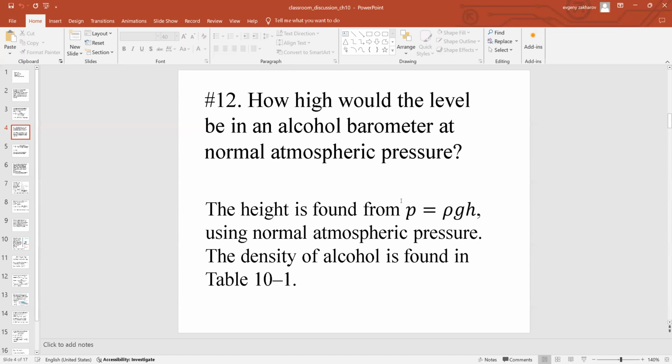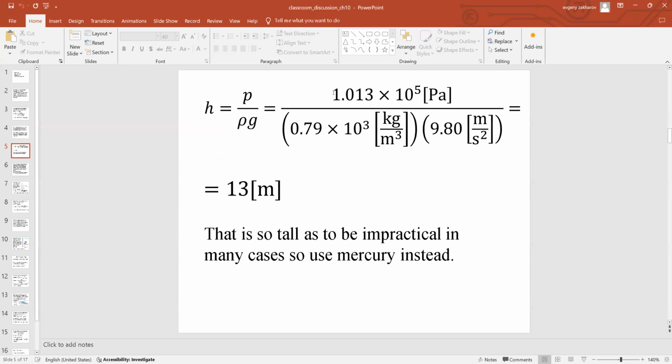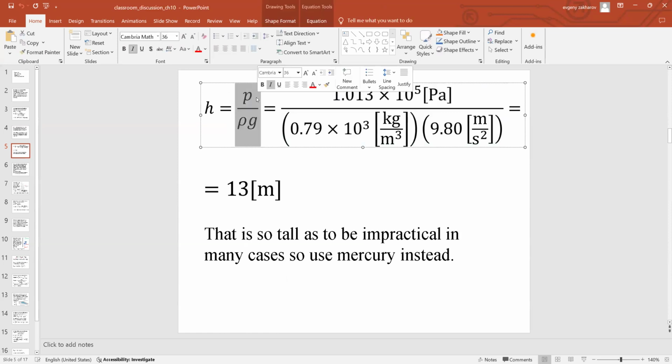So if you want to measure the atmospheric pressure, the 100,000 pascals, then the height of an alcohol in a manometer is the pressure divided by density and the g. And density of alcohol is slightly less than water.